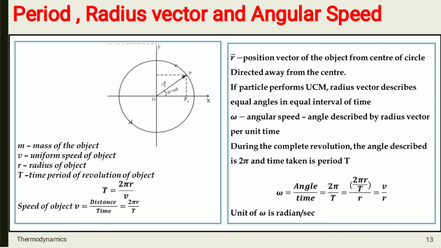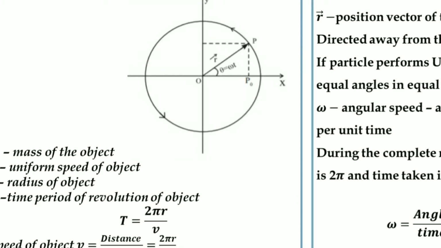Okay, the next part is how we will calculate the period, radius vector and angular speed when an object is performing uniform circular motion. An example of uniform circular motion is the moon moving around the earth.